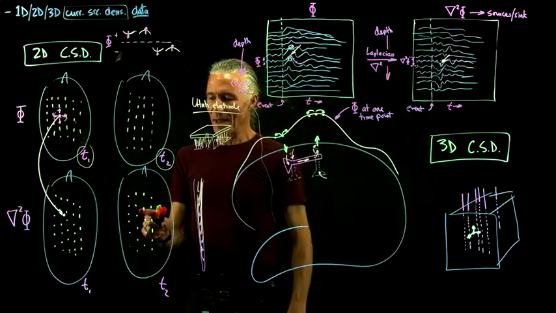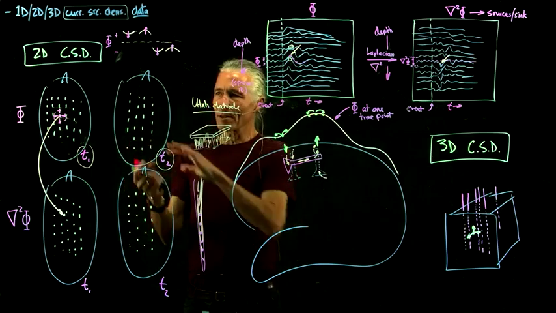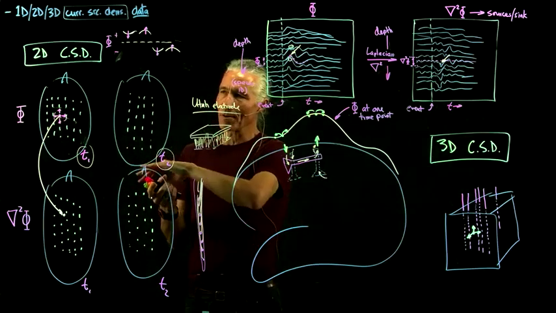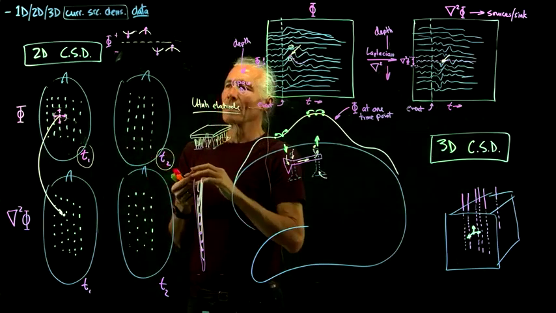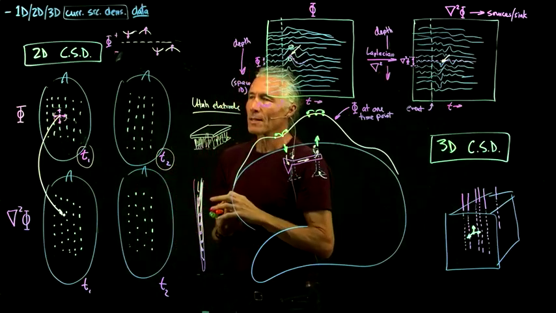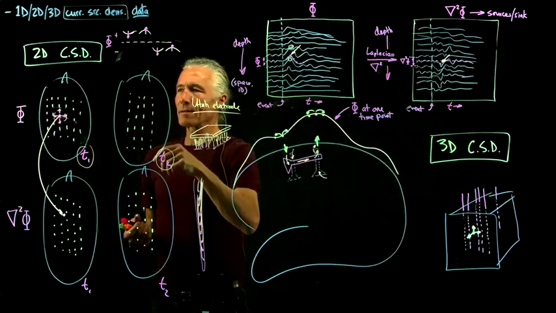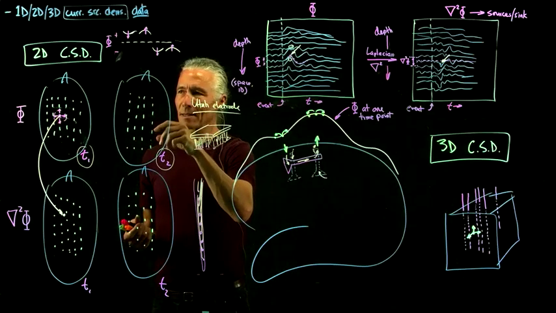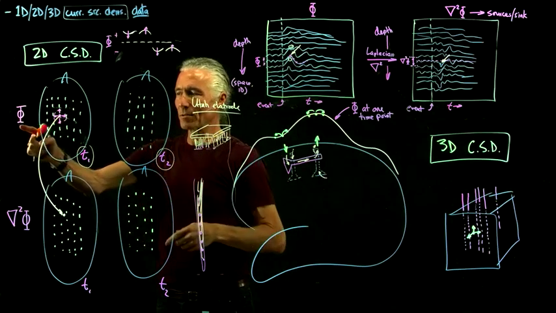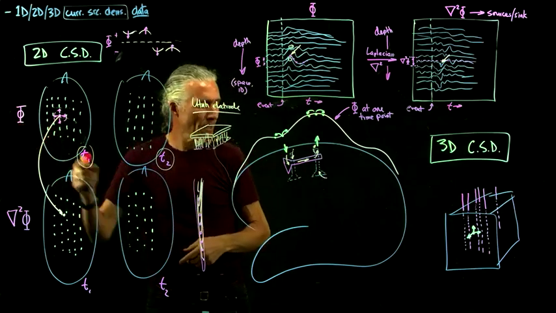And so for that purpose, you can do 2D current source density on the surface of the cortex or the surface of the scalp. And that will essentially allow you to do a little bit better localization of where the currents are than just by eyeballing the evoked potential, the actual voltages that you see.